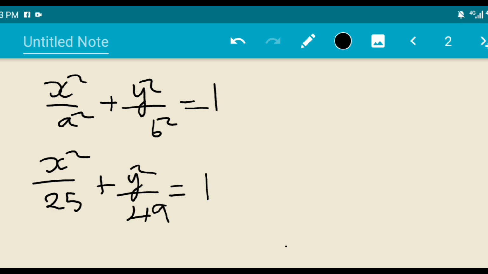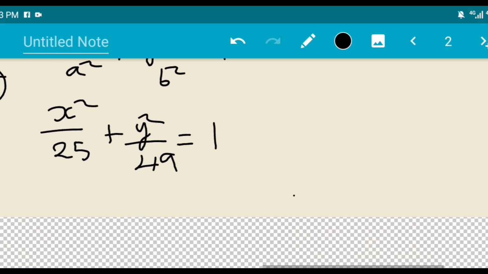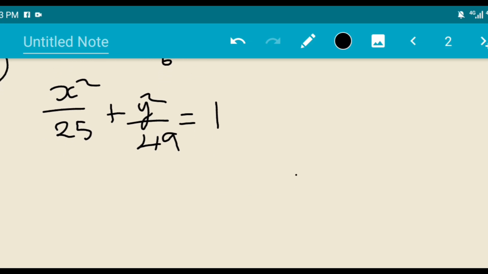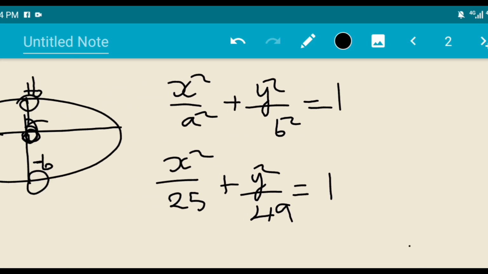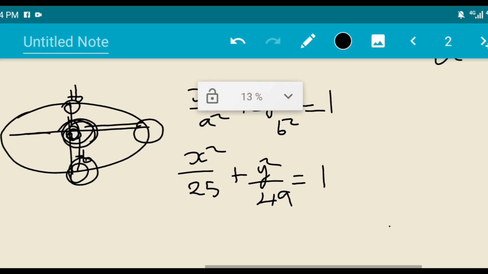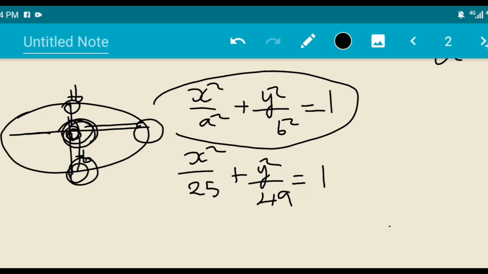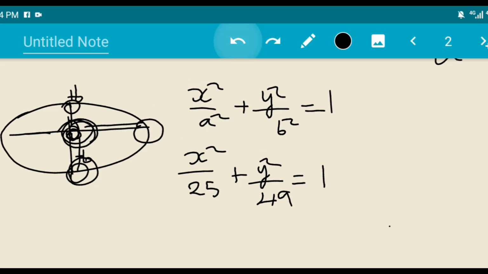1. So now I want you to take a close look at this. Our equation tells us that from here to here, this here is a, then from here to here it is b. That's if this is the equation. But if the graph comes like this, our equation will change.